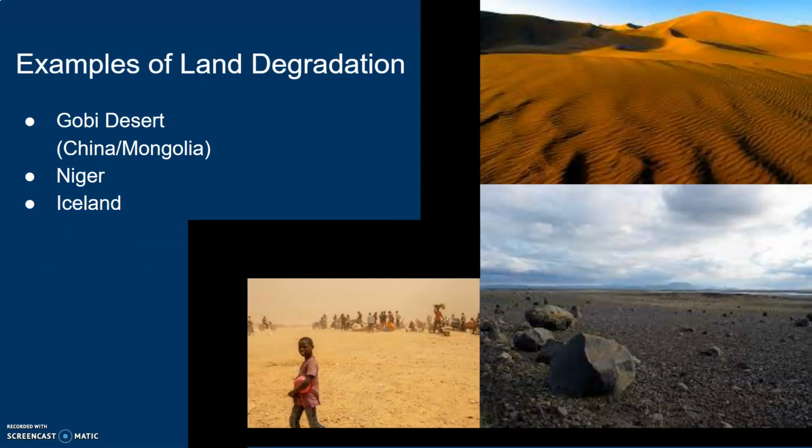Now, here are a few real-life examples of land degradation, and these are large scale. So, you may have heard that China is pursuing a program called the Great Green Wall to reclaim a large area of the Gobi Desert, which is slowly encroaching because of agricultural exploits at its borders. Now, while they might say it's successful, it's unfortunately not.